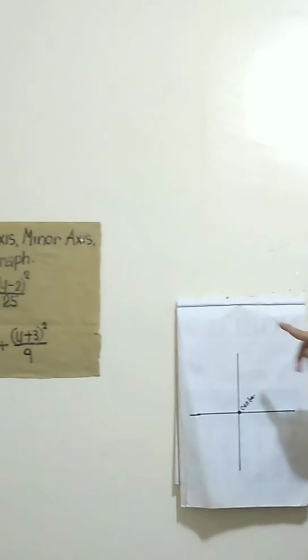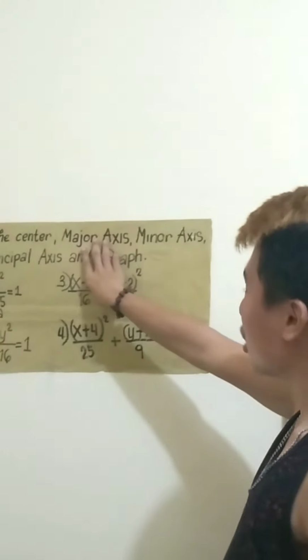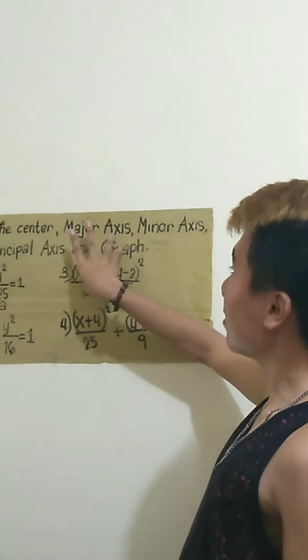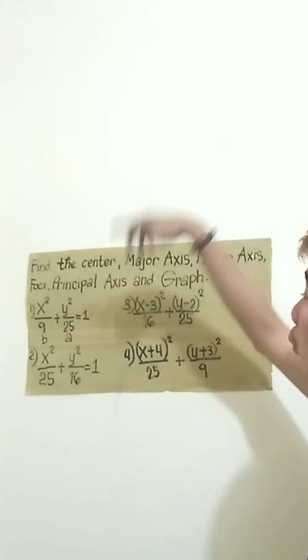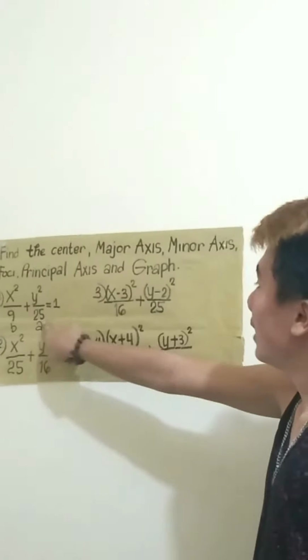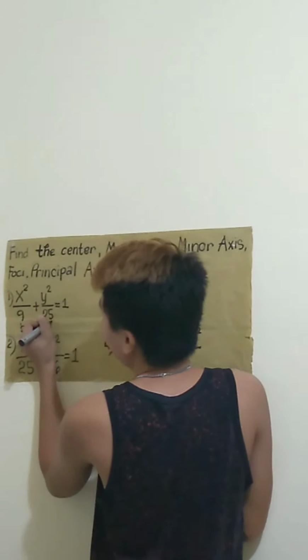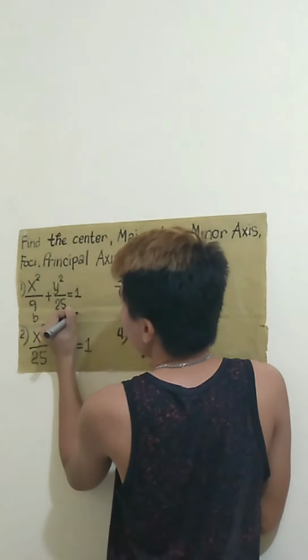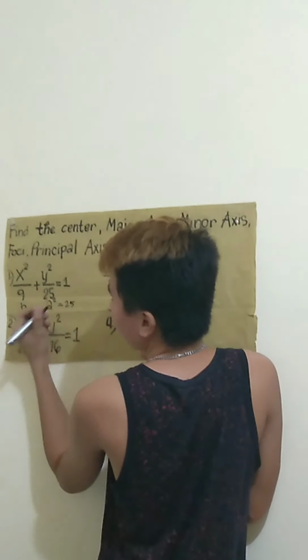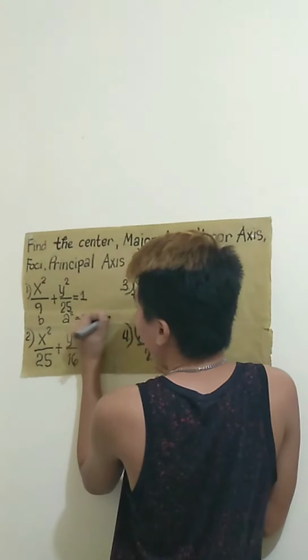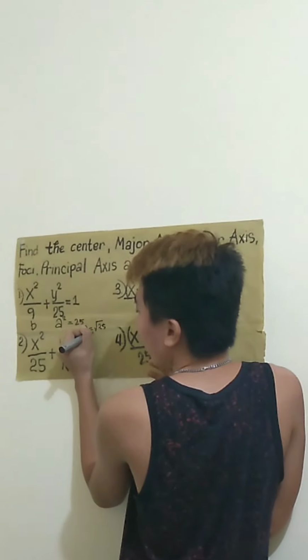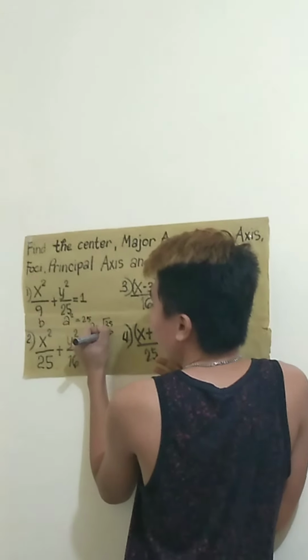Next, we're going to find the major axis. Since it is vertical, our major axis goes vertical. So which means our major axis is a. So a squared equals 25. So a equals the square root of 25. So a equals 5.